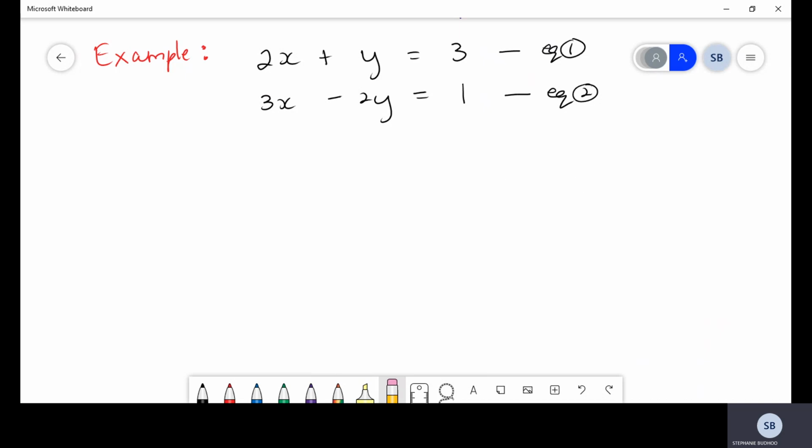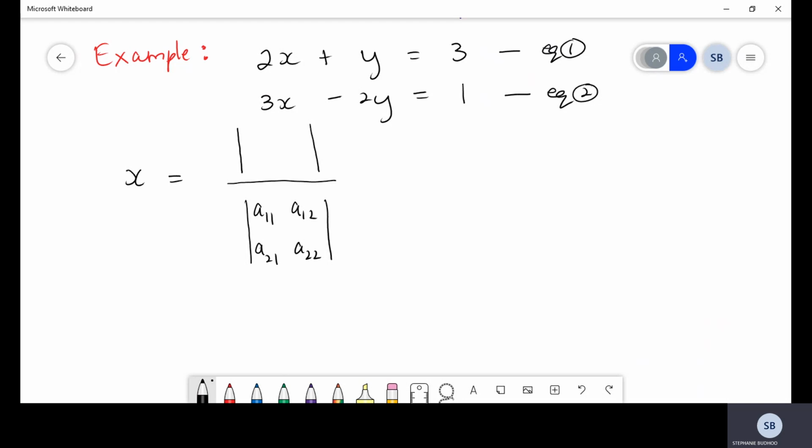So using Cramer's rule, we learned that the x value works out to be equal to, and the formula goes like this. On the bottom, we're going to have a11, a12, a21, a22.